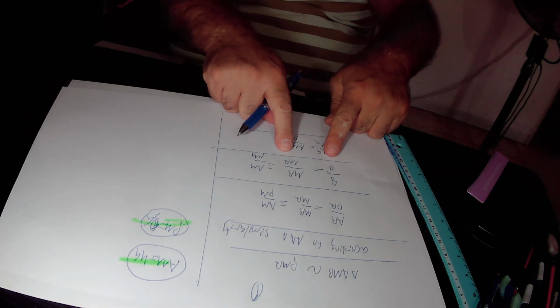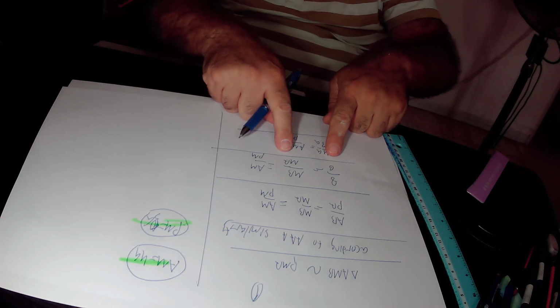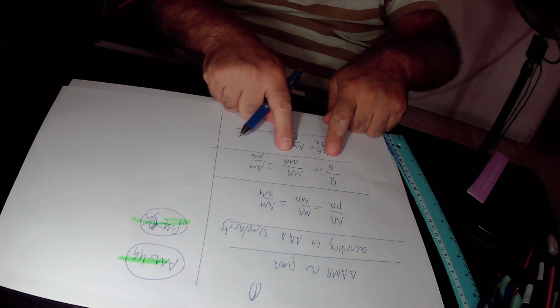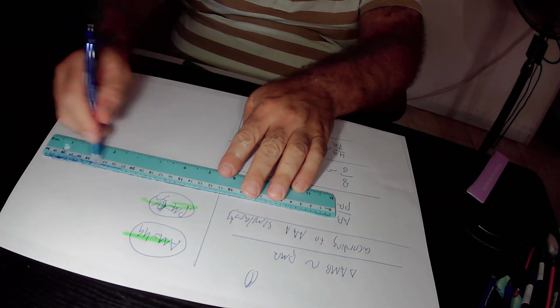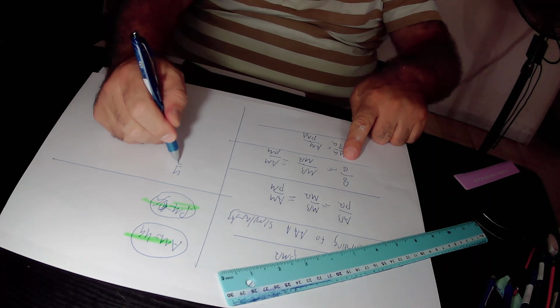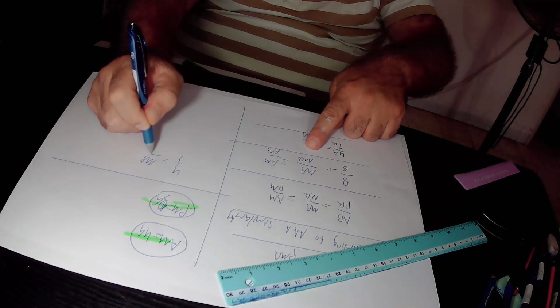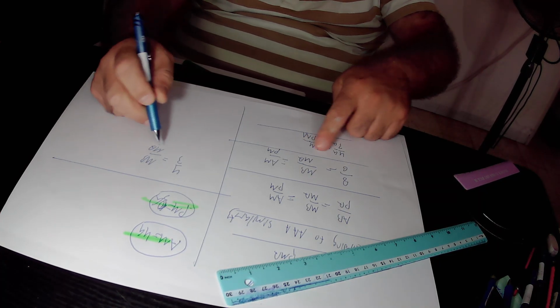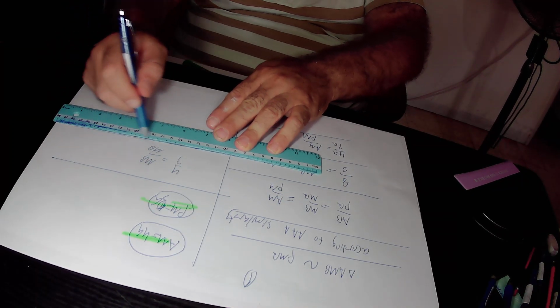Those two sides of the equation are also equal to each other. That is to say, four thirds is equal to MB over MQ. Again, 4/3 equals MB over MQ.